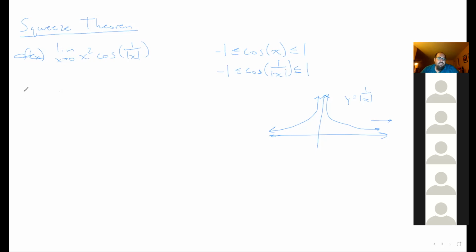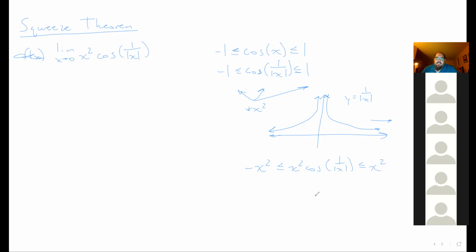All right. So now that we've got that, what else do we need to make the squeeze theorem work? You multiply the maximum and minimum by x squared, right? There you go. I'm going to multiply all 3 branches of this by x squared, and I get: -x squared is less than or equal to x squared cosine of 1 over absolute value of x, which is less than or equal to x squared.